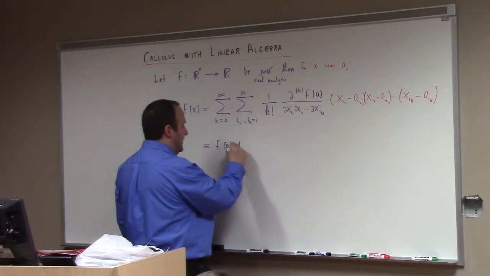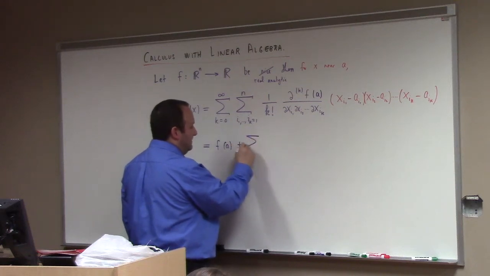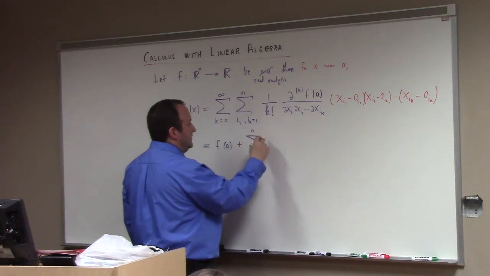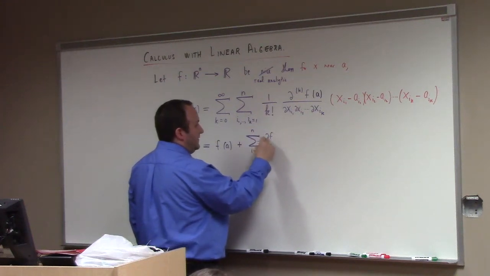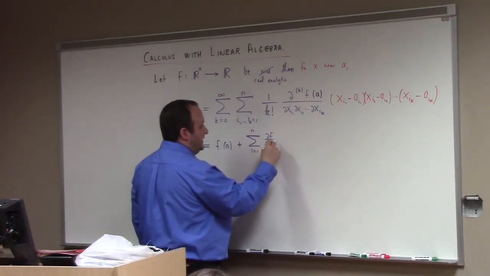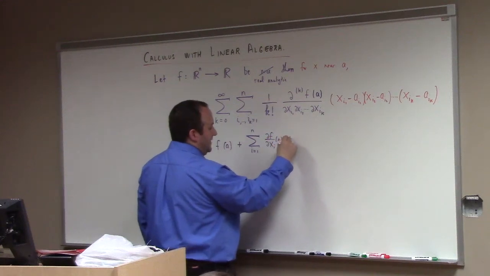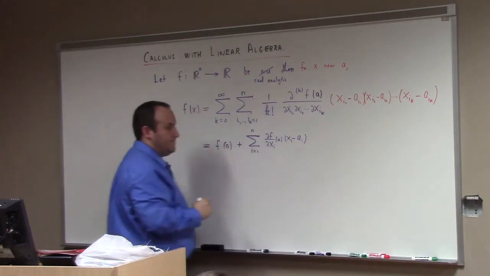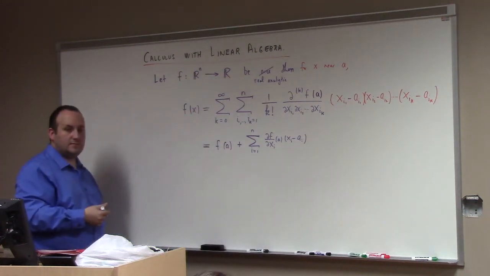Then we have plus the sum i equals 1 to n of partial f partial x sub i at a times x sub i minus a sub i. That's k equals 1.